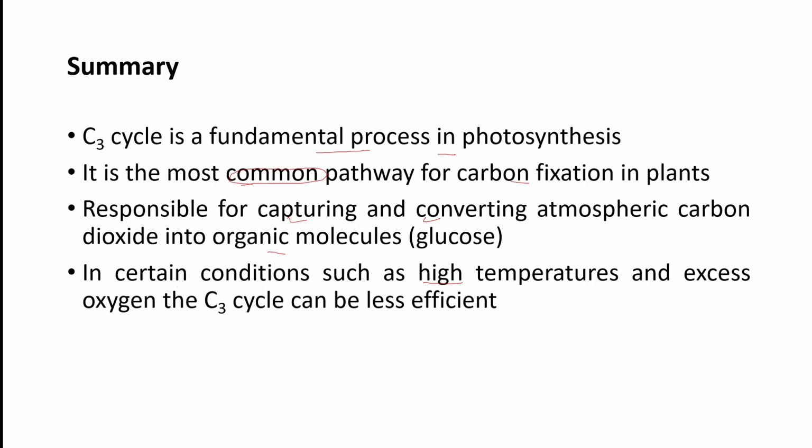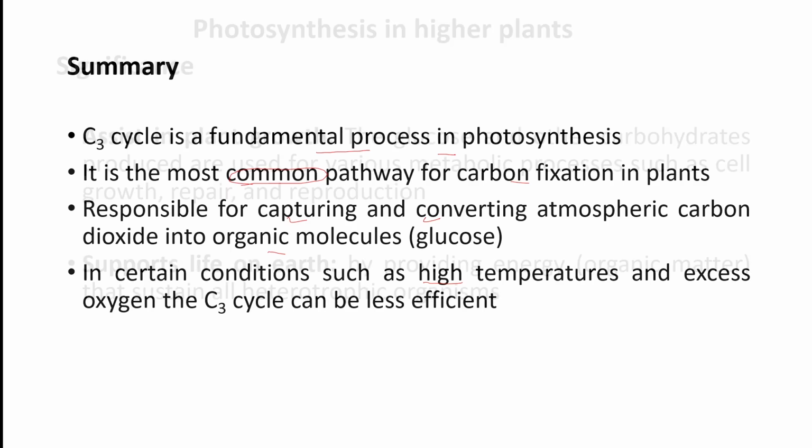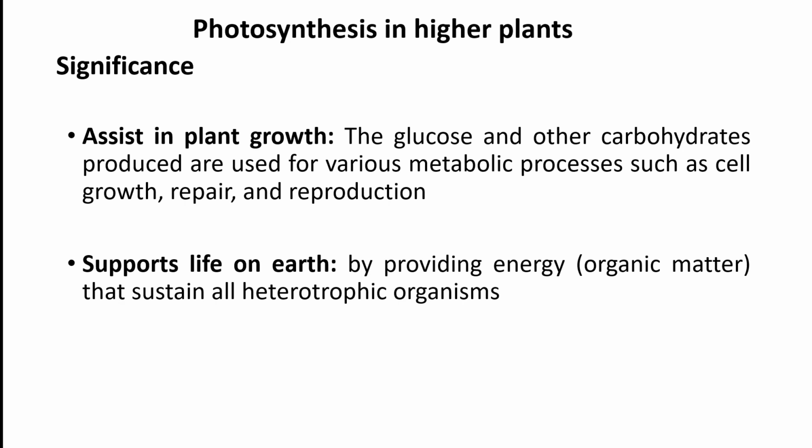This is due to the occurrence of a phenomenon known as photorespiration. We'll talk about this photorespiration cycle in the next session when we study the oxygenase activity of rubisco. But here you have to remember that in high temperature, high light intensity, and excess oxygen conditions, the C3 cycle becomes less efficient. Now, what is the significance of the C3 cycle?